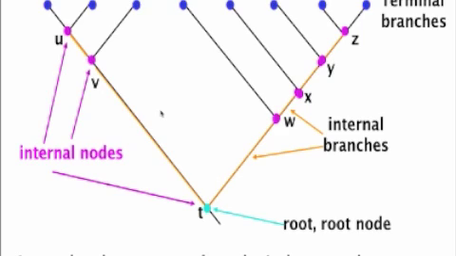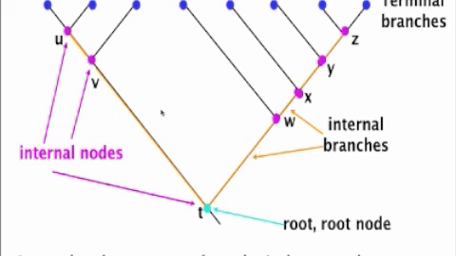So the last part that's really important, and we'll get into a little detail on this, is that as you go way back into the past, you reach a point where all of the organisms in your tree share a common ancestor at that point. And this is called the root node of the tree, the most recent common ancestor of all the organisms in the tree.